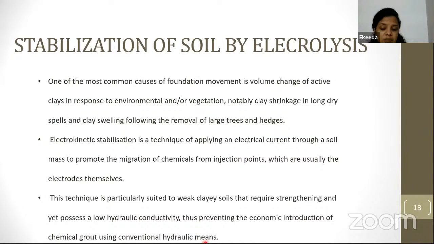Grouting is mainly done by pumping water, but clayey soil has less hydraulic conductivity, like less permeable, so the water cannot move easily through the clay. In that situation, we can use this electrolysis method. We can pass current through the soil mass, thereby causing a movement of water through it.